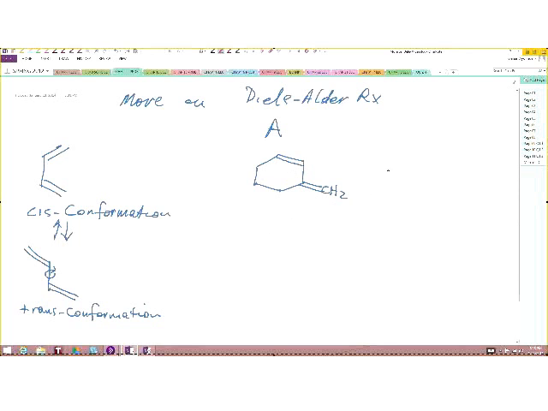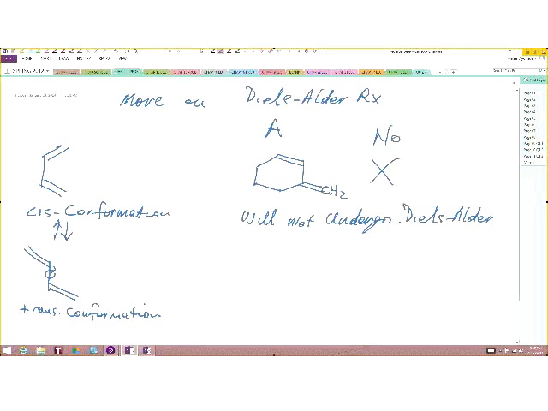The answer is no, because in this molecule the configuration is fixed. You cannot rotate this bond because it's part of a ring system. So this molecule cannot undergo the Diels-Alder reaction. It will not undergo Diels-Alder.